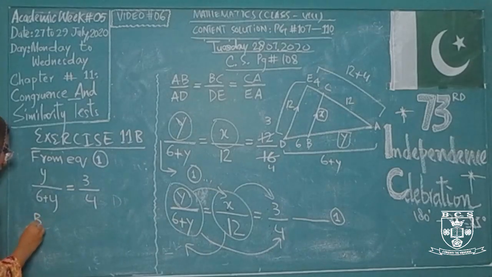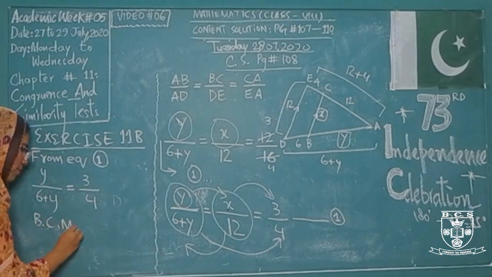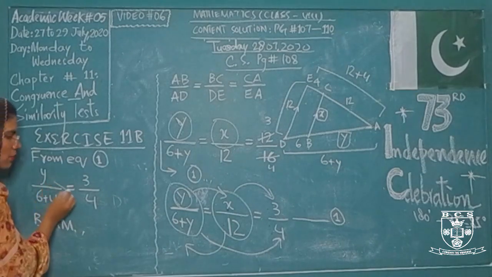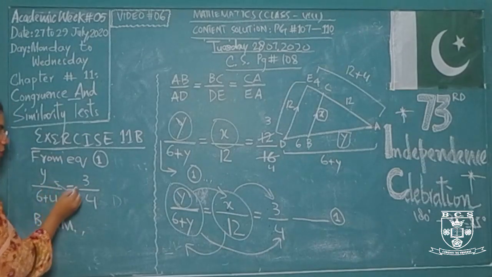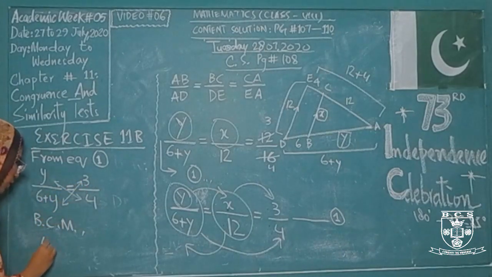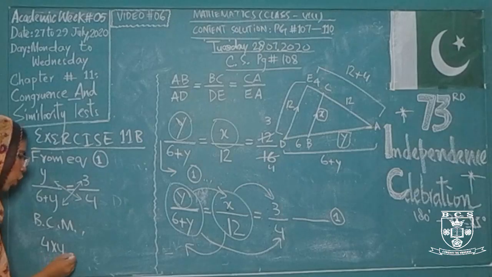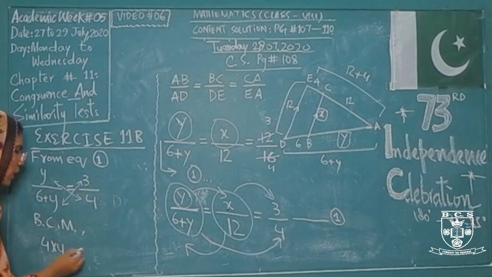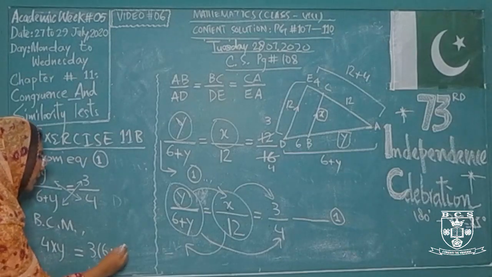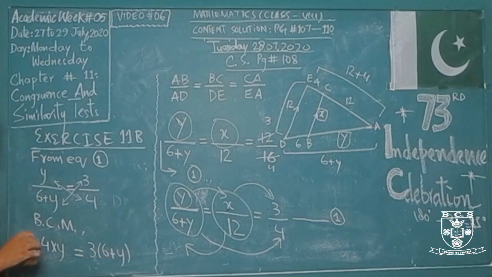We can easily apply the BCM. BCM means by cross multiplication. y must be multiplied by 4 and 3 must be multiplied by 6 plus y. So 4 is multiplying your y on the left hand side of the equation, and 3 is multiplying our 6 plus y term on the right hand side.